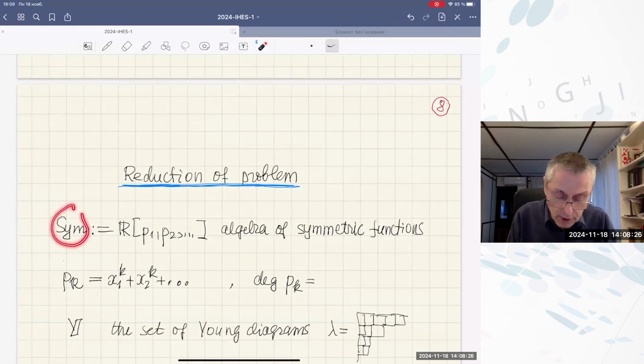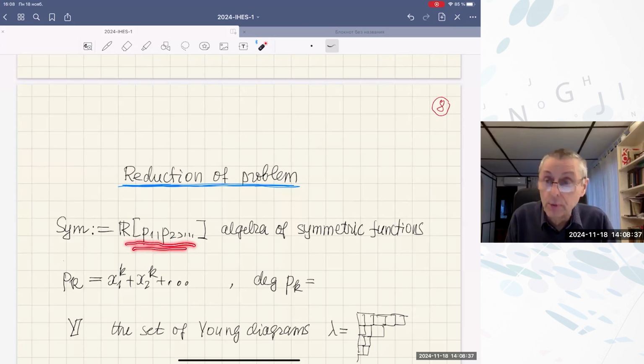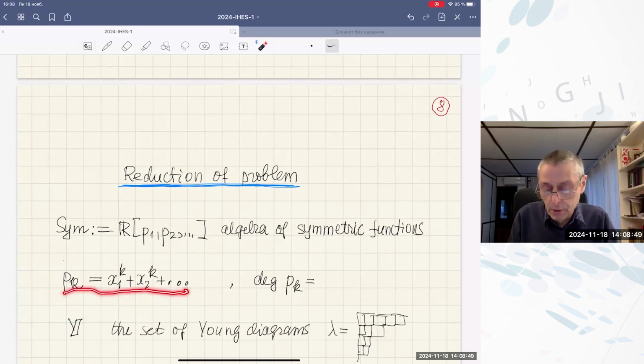So this is my notation for the algebra of symmetric functions. It can be defined in different ways, but let's understand it as the algebra of polynomials in countably many indeterminates, the power sum symmetric functions. And the power sums are defined as these formal expressions.